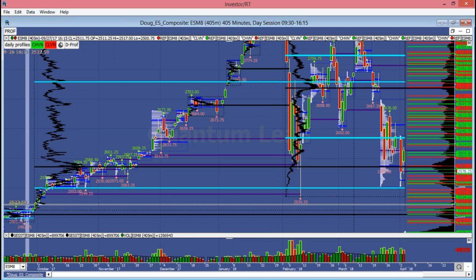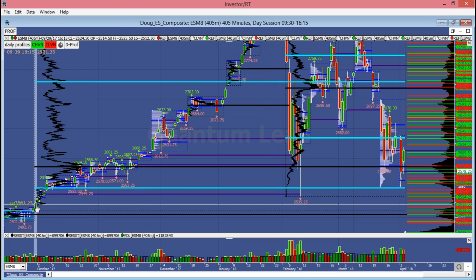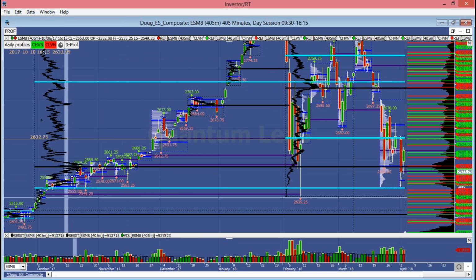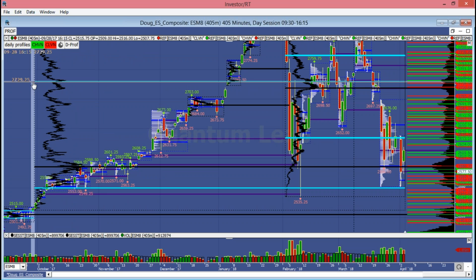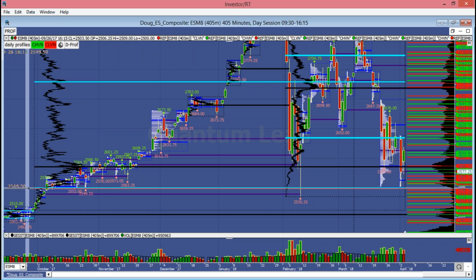And I started a new longer time profile that goes from the breakout of 09/29/2017, and running it through to see where value is, and the value area high is all the way up at 27.29 1/4. Value area low is down here at 25.4950. 25.4950 is going to be our key line in the sand below.